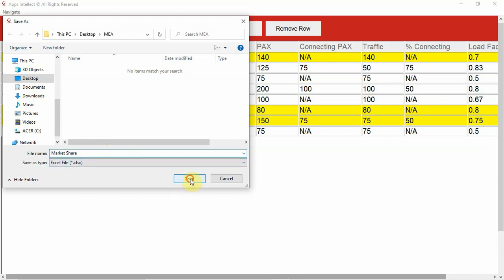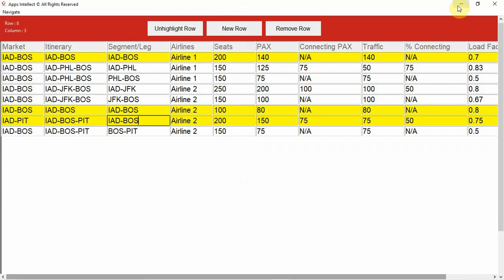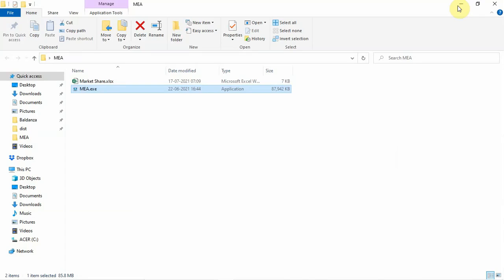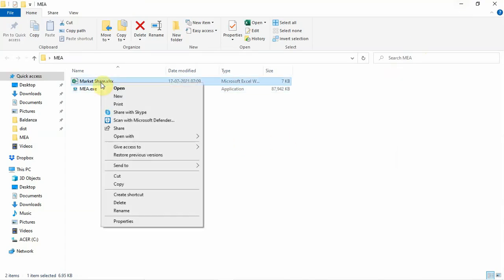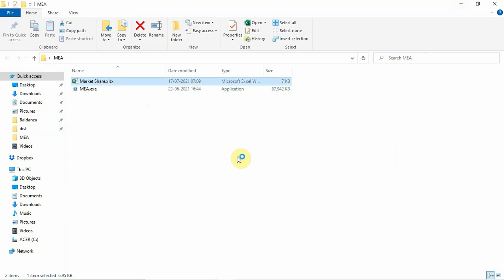So we'll save this. Yeah, the market share XLS file is saved, and we'll see the report.